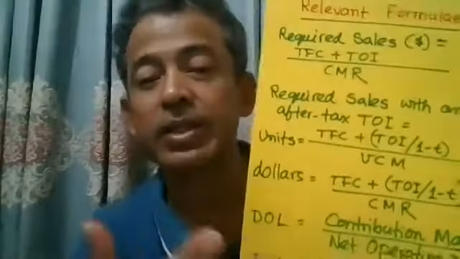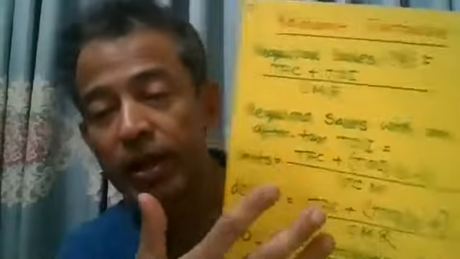Now, this TOI, target operating income, is a good thing, but as I said, your partner set an expectation of $1,000, but she didn't tell you that there is tax, or whether she wants $1,000 before or after tax. And you thought, okay, as long as I make $1,000, I'd be celebrated at home.